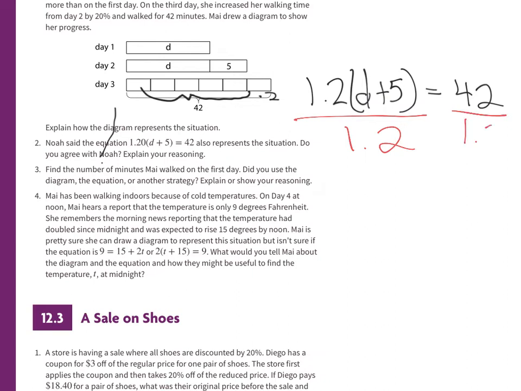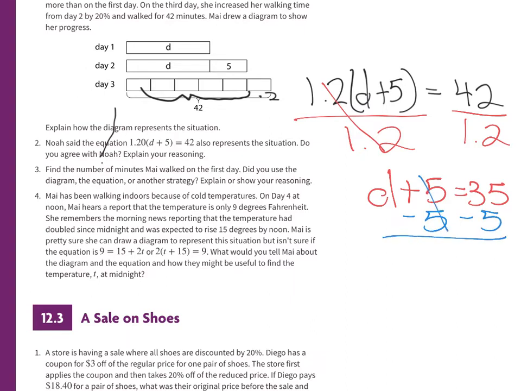So we're going to divide both sides by 1.2. So taking my calculator, 42 divided by 1.2 is 35. So I have d plus 5 equals 35. And then to get rid of a plus 5, we subtract 5. 35 minus 5 is 30, so d equals 30.